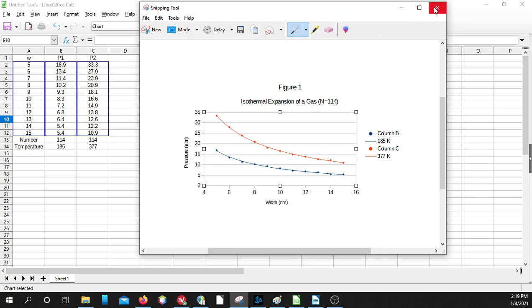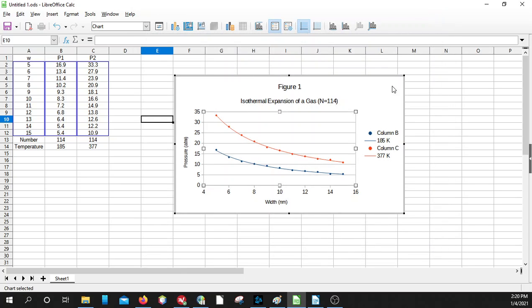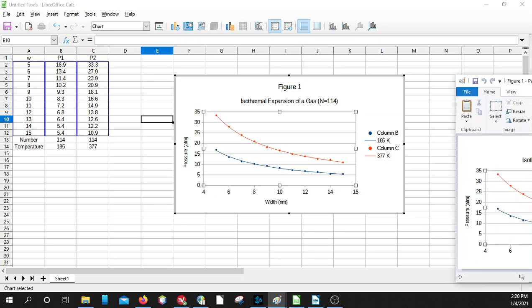Now, one thing I don't like, and I'm trying to figure out, I tried last time I recorded this to figure out how to get rid of column B and column C. I don't want that. There's one way to do that. There's got to be a better way to do this. But I'm going to open this picture with Paint and just delete it myself.